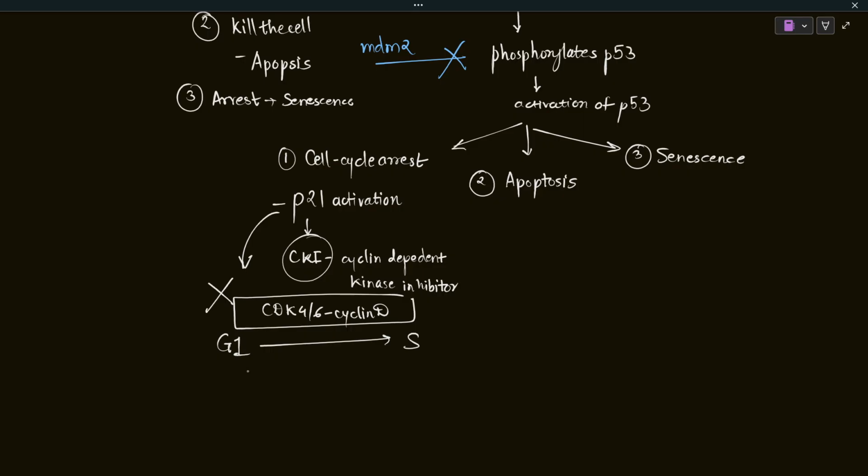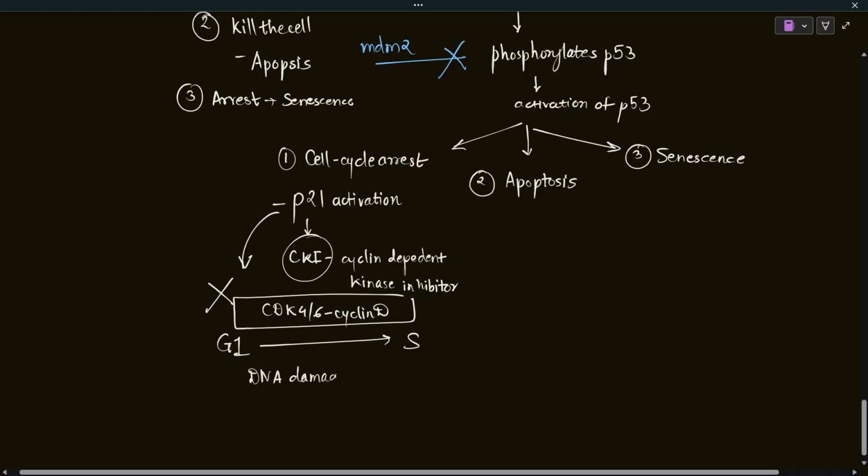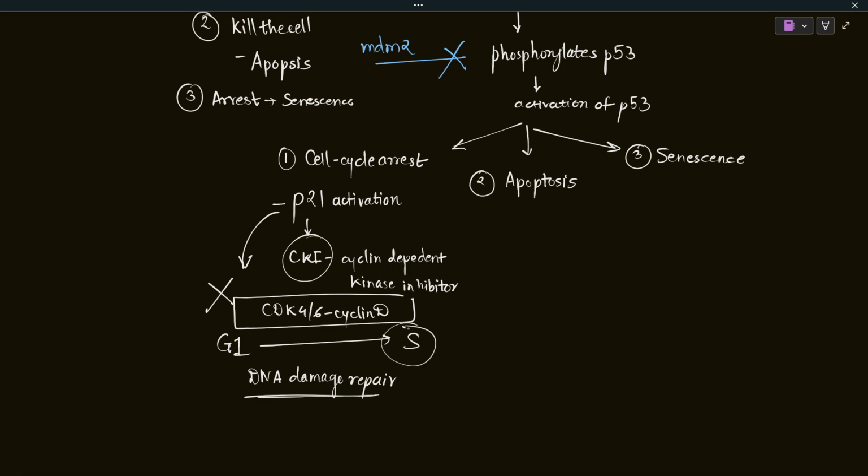So once the cell is arrested in the G1 phase, now the cell can do the DNA damage repair. And once the DNA damage is repaired, now the cell will be allowed to enter into the S phase. So the cell cycle arrest by the p21 activation.